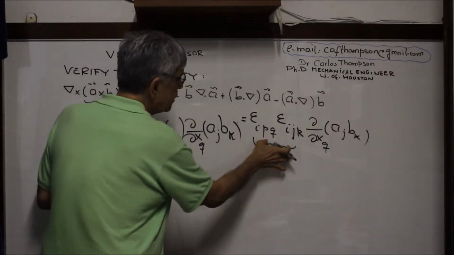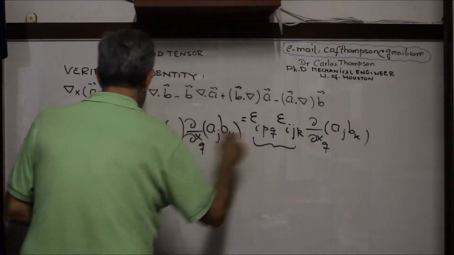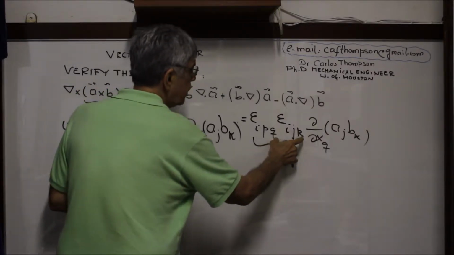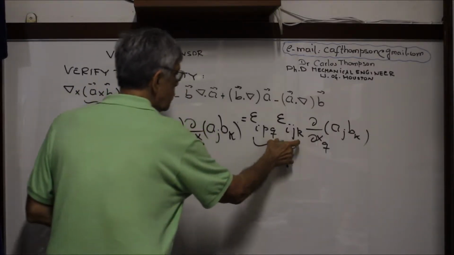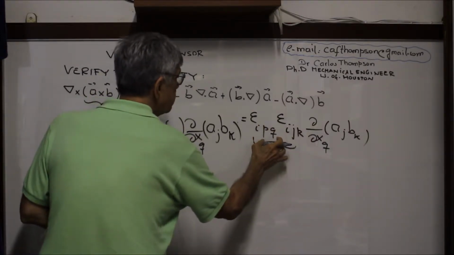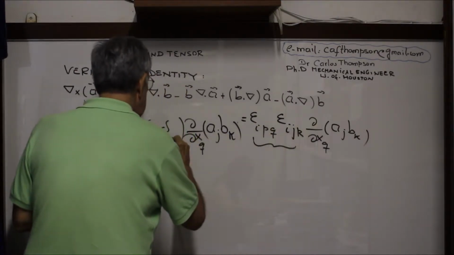Now, p is in the second place. You pick k. This will be p k, and the q will be j. Okay, q in the third place, j in the second one. So in this case, you'll have here q j.